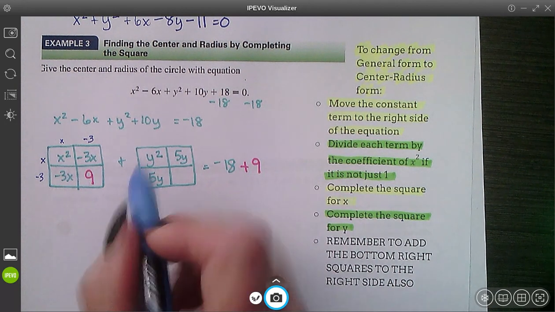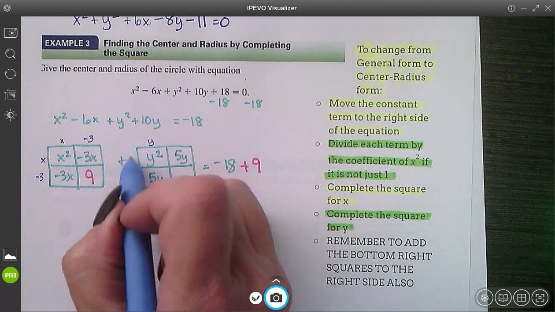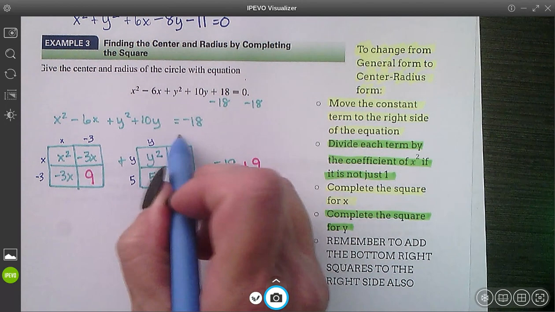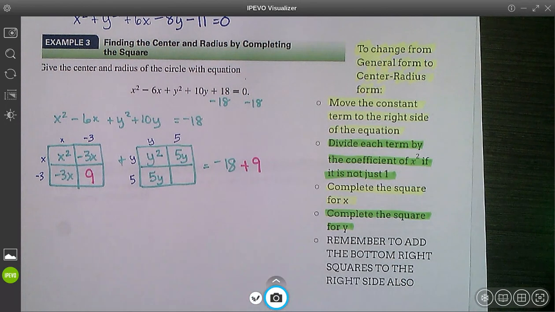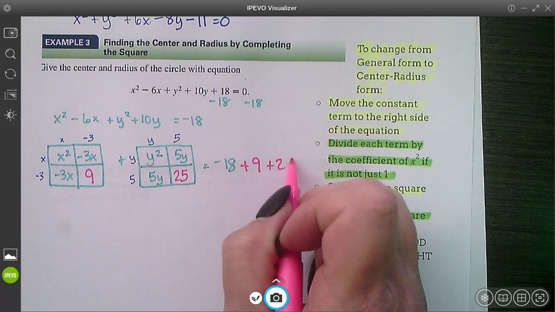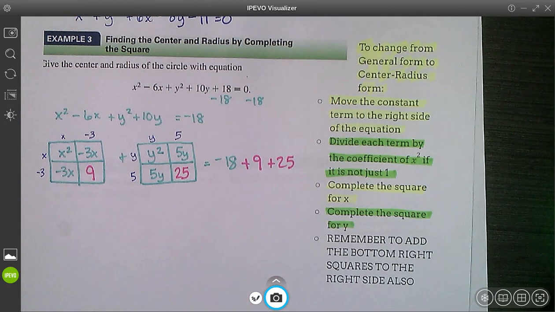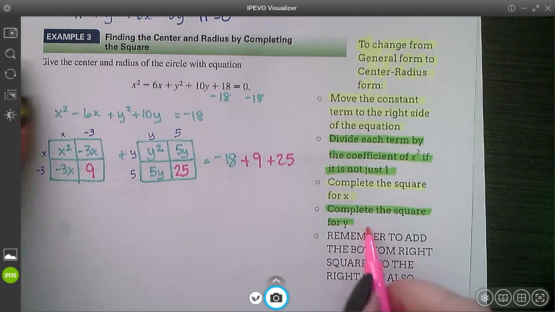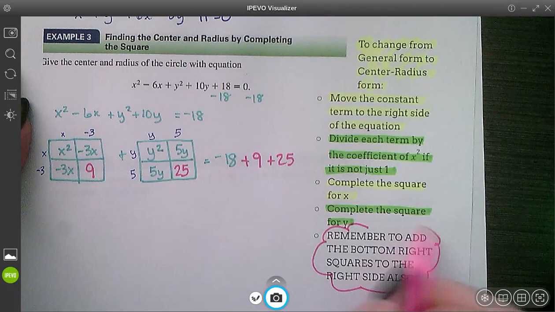And I'll do the same thing over here with the y's. This is y and y, 5 and 5. So the number I need to complete the square is 25 here, which I need to add to the right side as well. So I have to remember to add the bottom right squares to the right side also.